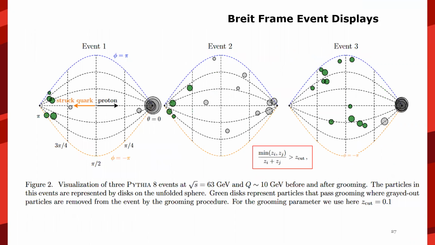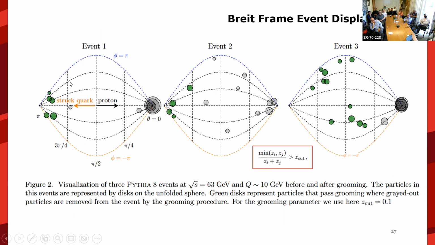So what happens if there are two jets? Yes, that's a very good question. In event 3, in this diagram, you can see what happens if you have more than one jet. The left event, these are EIC energies, so the multiplicity is a little bit lower than HERA. But you see in these first two events that you're nicely isolating radiation associated with the struck quark while removing radiation associated with the proton. Similarly, in event 2, you see some soft radiation being removed.